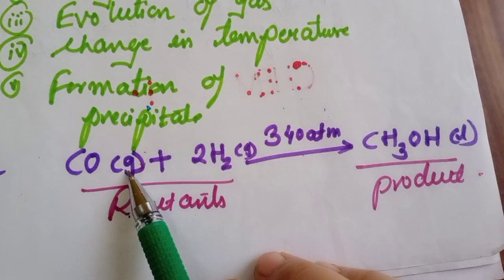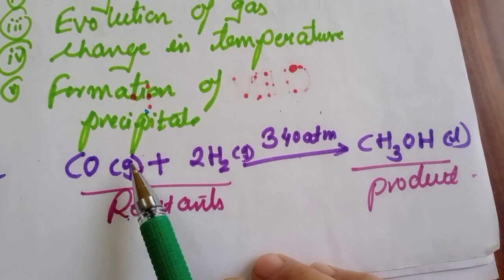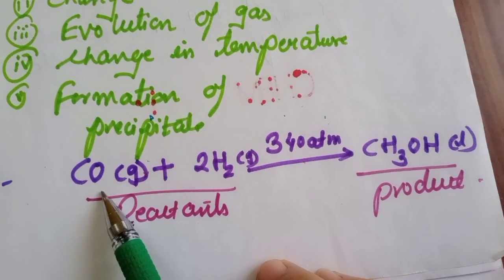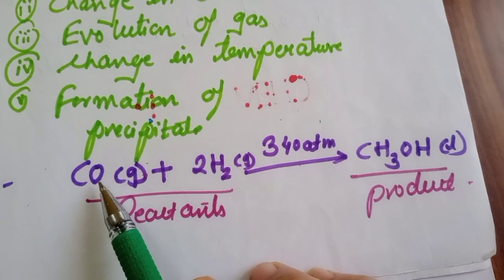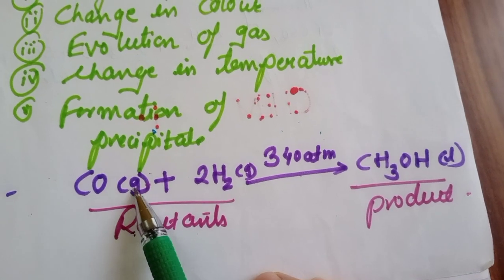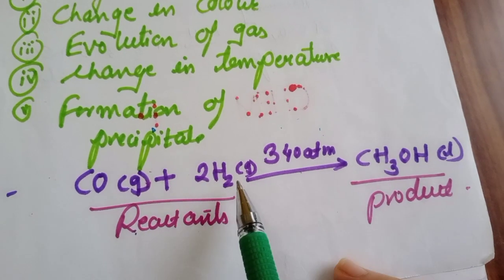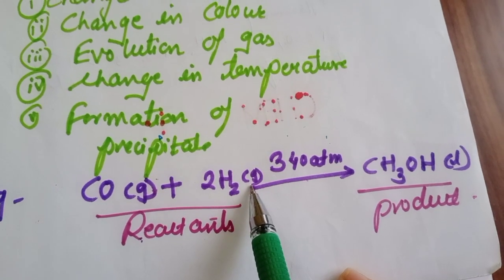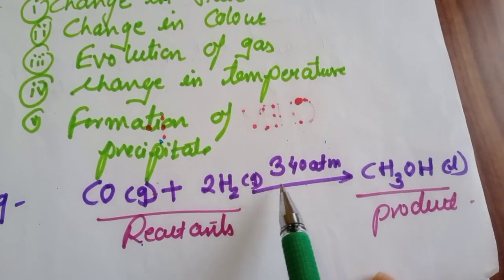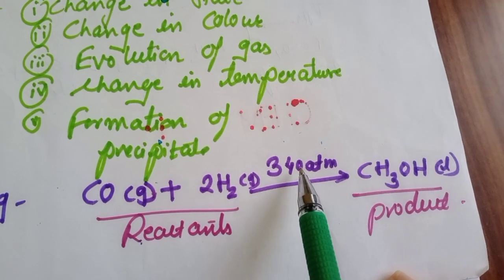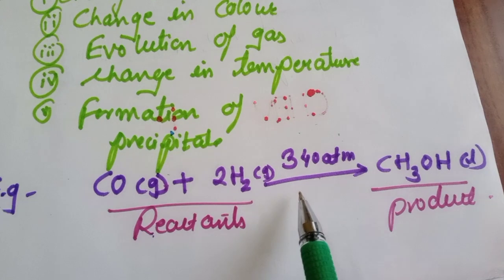In the brackets, we have to write the state of the reactant. For example, this is carbon monoxide and it is in gaseous state, so we write G for gas. The next reactant is hydrogen. It is in gaseous state, so we write G. Above the arrow, we have to write the conditions at which this reaction takes place.